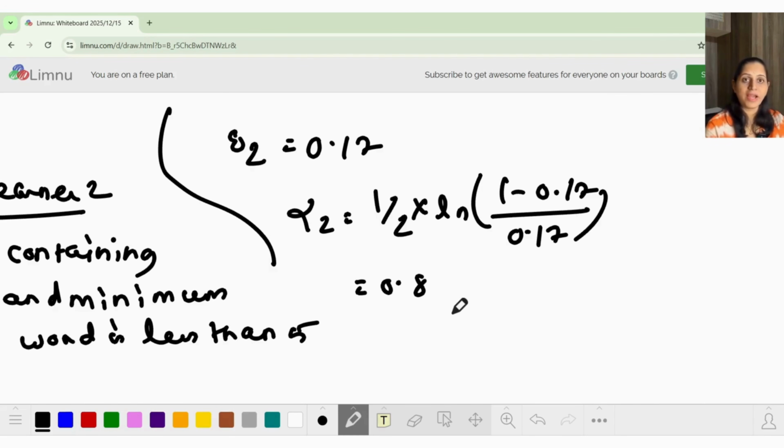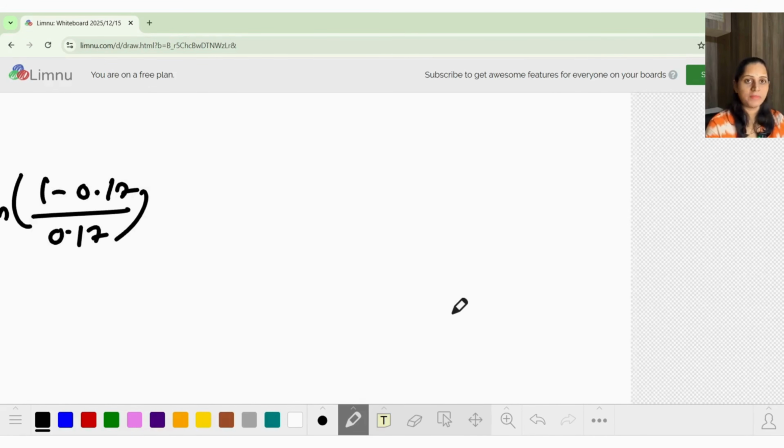Now we will find the final prediction for my E4, because that's our problem. We are facing issues with E4; E4 is not able to predict properly. So we need to find out to which class it belongs, whether spam or not spam. Now let's see that.